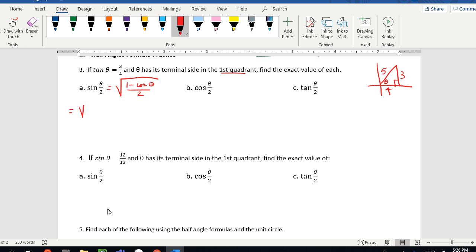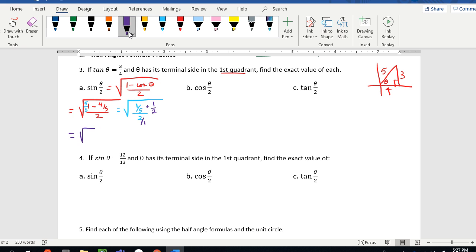So filling this in, 1 minus cosine is going to be 4/5 over 2. This has to become 5/5, which is going to give me 1/5 divided by 2. We're going to put it over 1 so we can keep change flip.